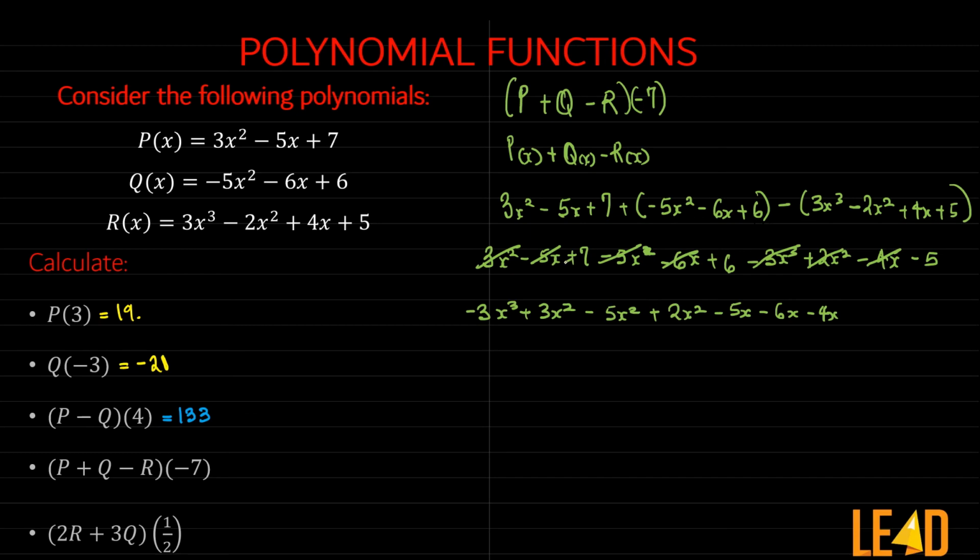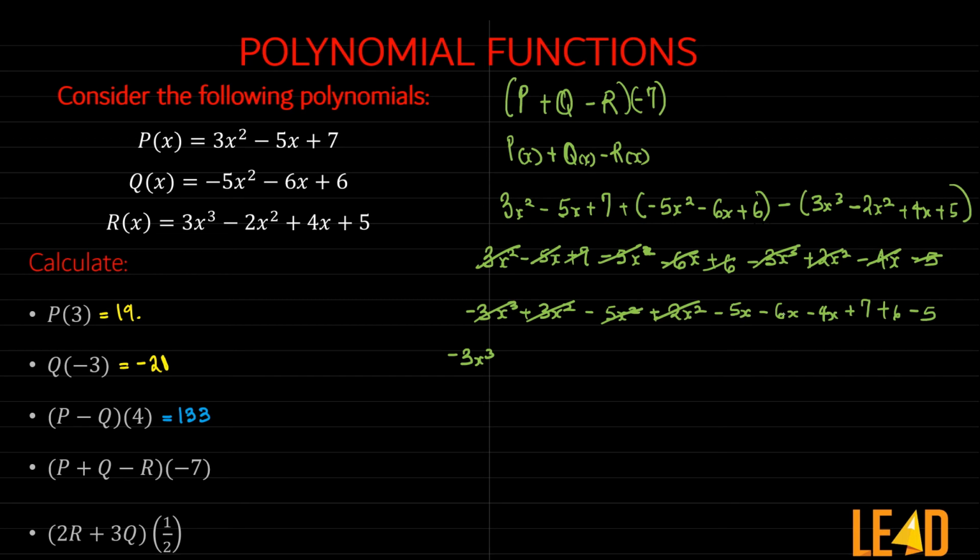Next, I would have 7, 6, and minus 5. So plus 7, plus 6, minus 5. Okay, so we would have minus 3x cubed. So this basically cancels out, right? Because this plus this would give you minus 2x squared, and then you add this, it gives you 0. So my x squared just cancels out.